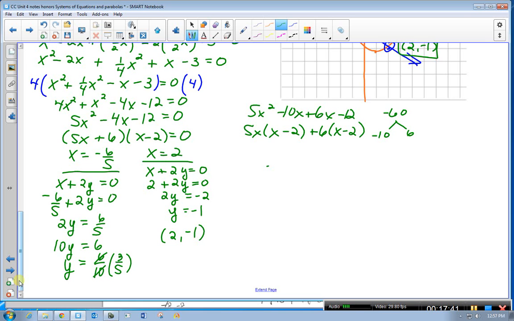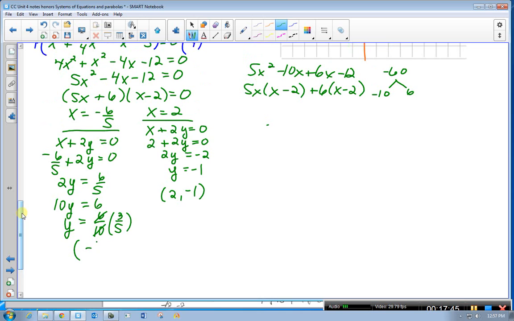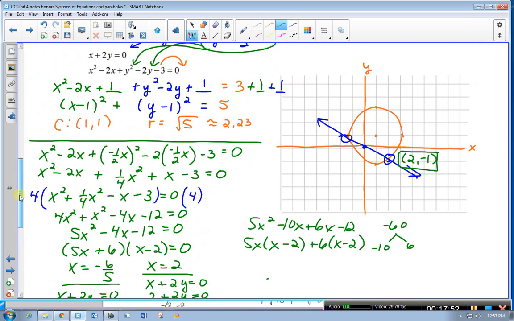So this coordinate is negative 6 over 5, 3 over 5. And so that's also what this point is, and this one was the one that was really difficult to tell what the intersection was.